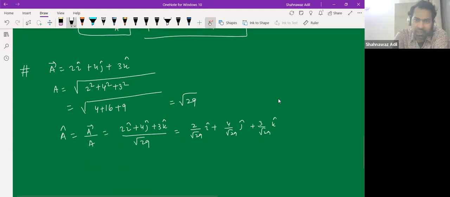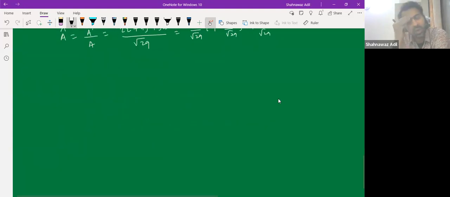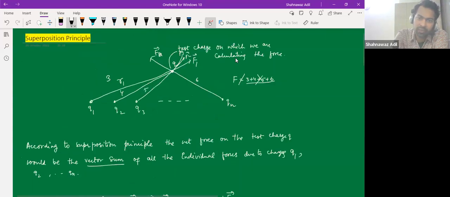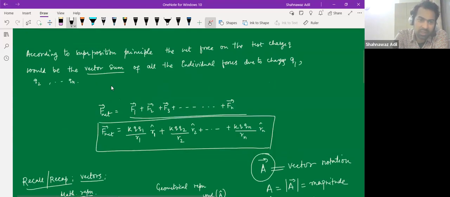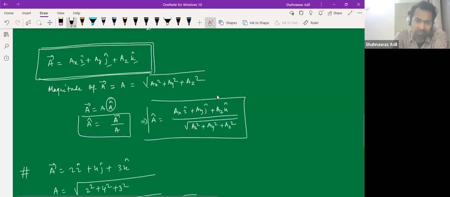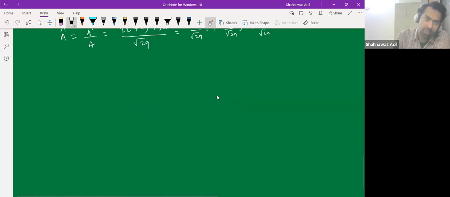Okay, and then how about the operations? In the superposition principle, we are talking about the vector sum. So how is the sum defined in the vector representation?